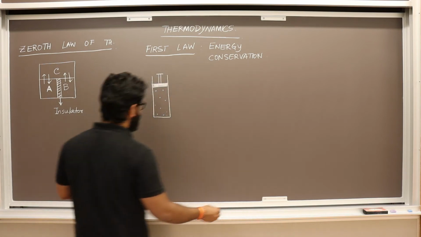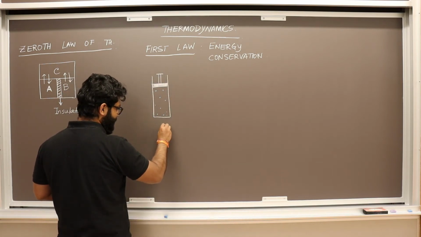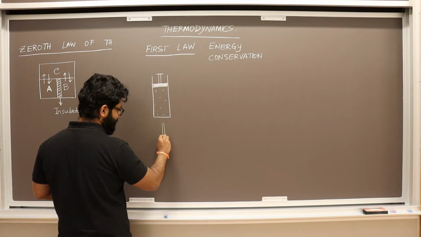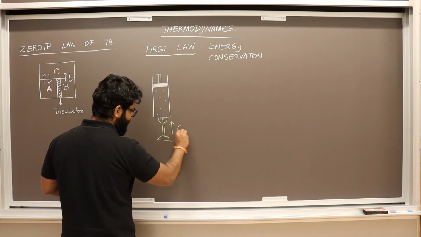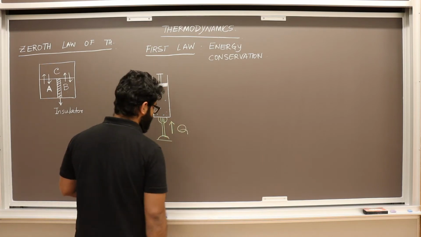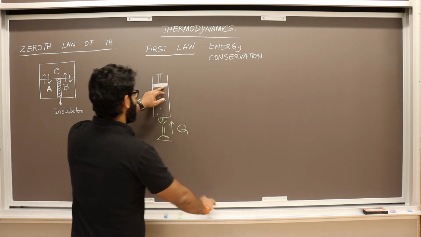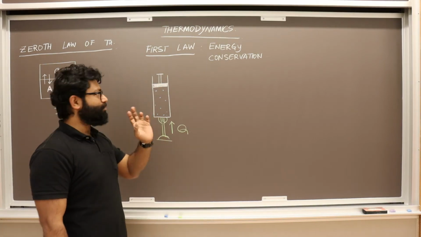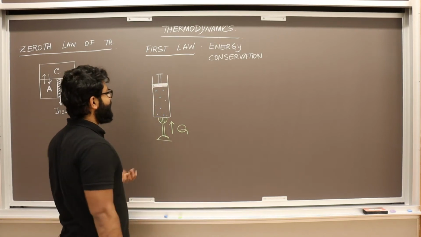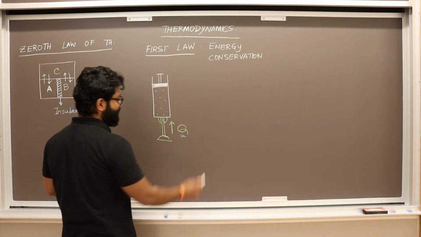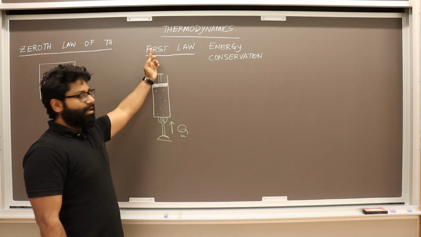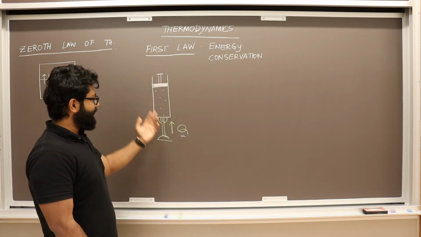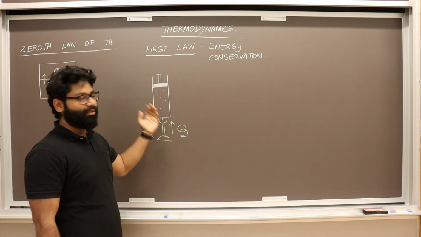Now, you are giving heat to this body. The piston has the ability to move. Now, the heat that you have provided can be used to move this piston in such a way that the volume of this whole thing expands.